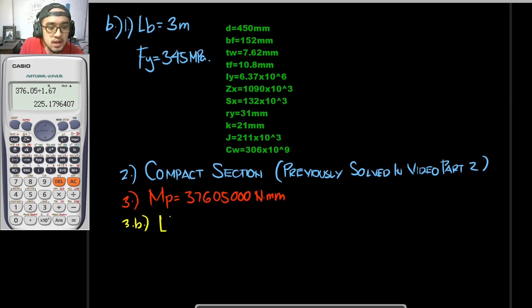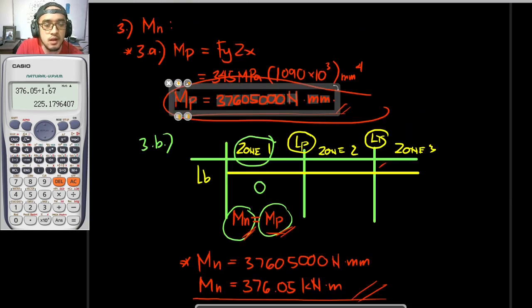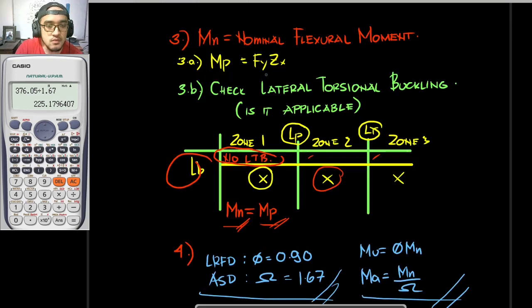The second step in the third step, 3.b, we would be comparing our LB, or the unbraced length, with the values of LP and LR. If you can remember in our first video, we compared it with LP and LR for us to know what equations we would use, whether it is under zone 1, zone 2, or zone 3.